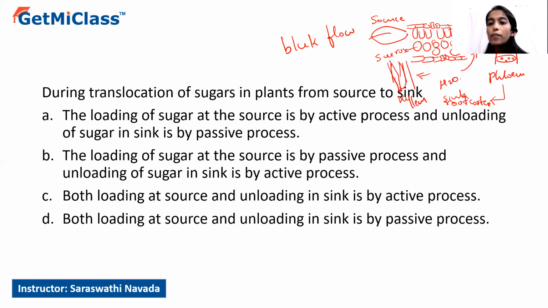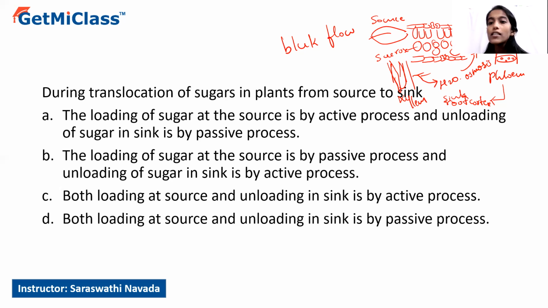From this xylem, the water will be withdrawn and uptaken by the companion cell through osmosis in order to balance the solute concentration. As the sucrose is uptaken by the active transport mechanism, solute potential increases, and this results in withdrawal of water from the adjacent xylem.